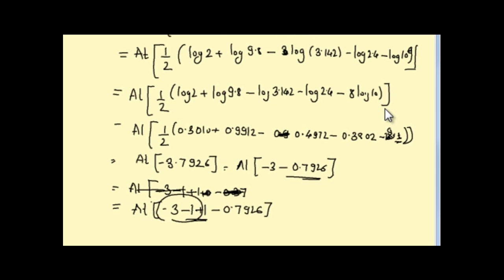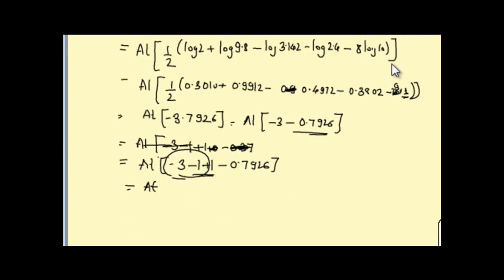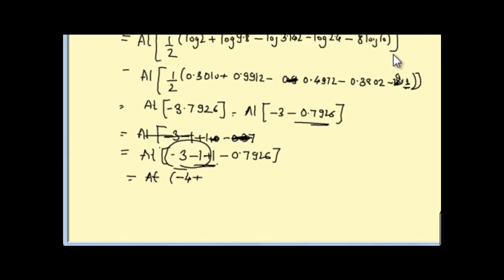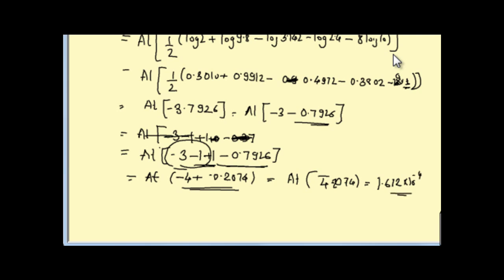Now this gives you minus 4 and this gives you plus 0.2074, and this whole term can be written as antilog of bar 4.2074, and antilog of this value will come as 1.612 into 10 raised to minus 4, right?